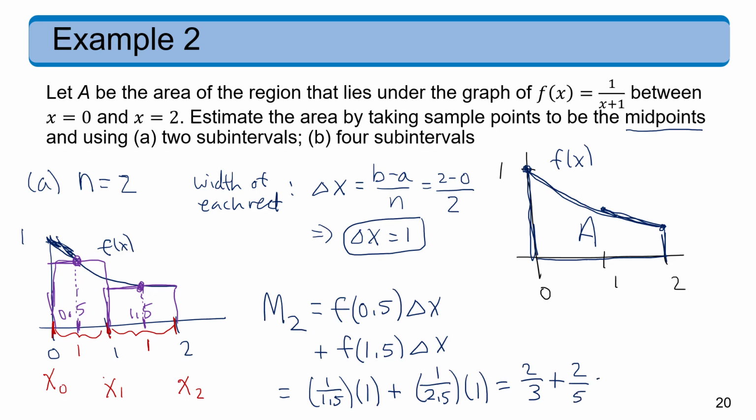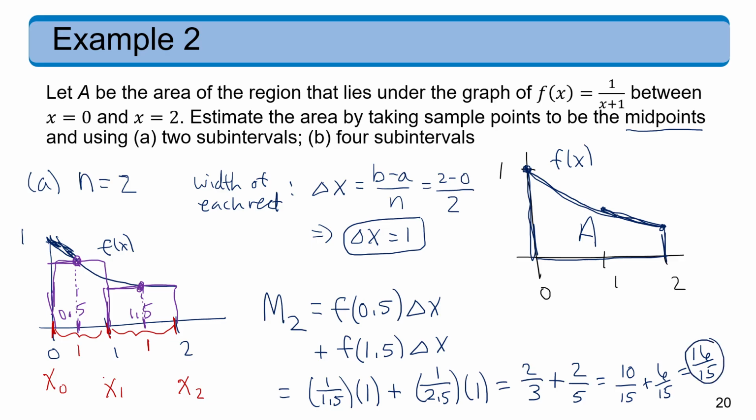And then we could get a common denominator of 15. So the 2/3 becomes 10 over 15, multiplied by 5 over 5. Plus, the next one multiplied by 3 over 3, we get 6 over 15. And then adding together, we get 16 over 15. So just slightly bigger than 1.